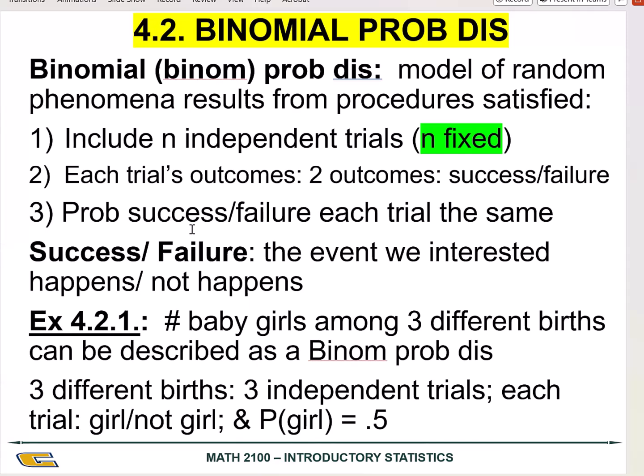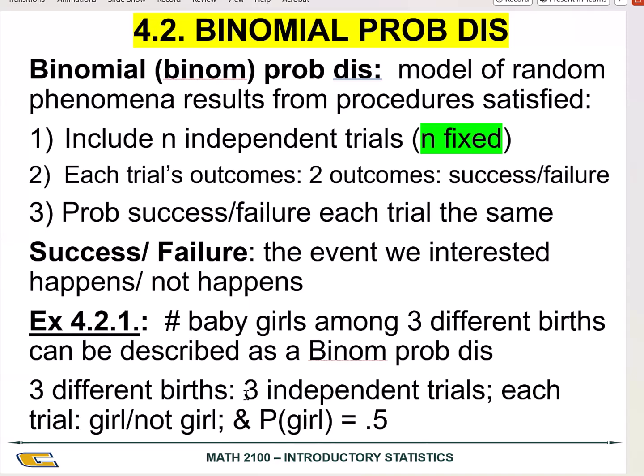So here is another example: the number of baby girls among 3 different births. At that time, it can be described as a binomial probability distribution. Why? You can see all the 3 conditions above are satisfied. First of all, the gender of the baby for each birth is independent. They have nothing to do with each other.